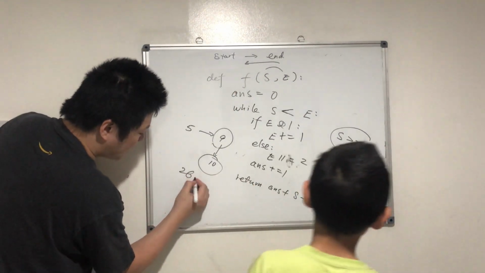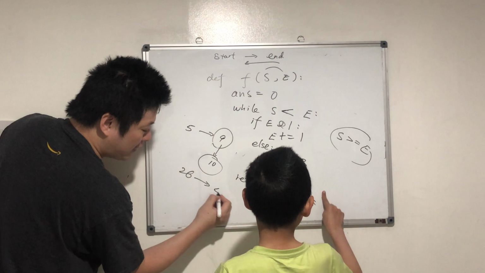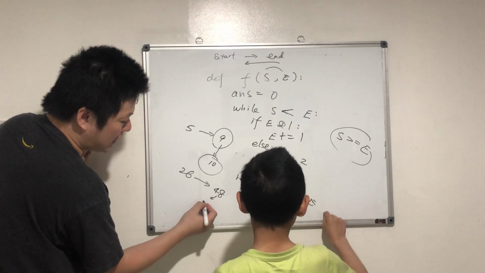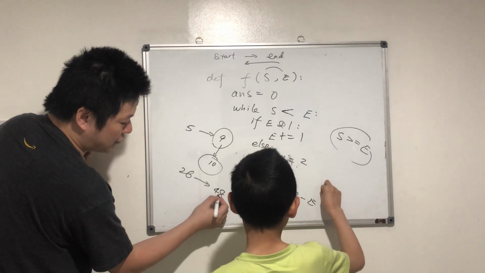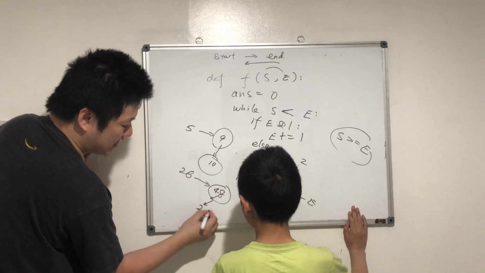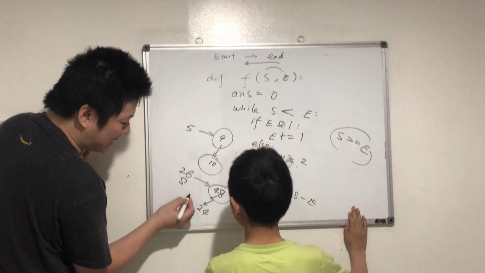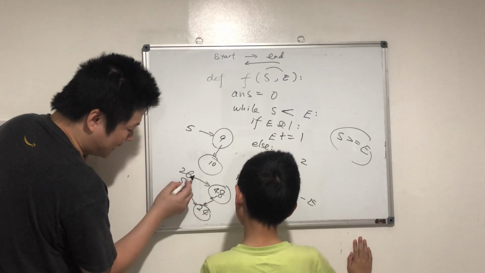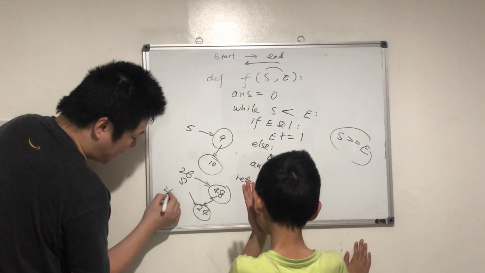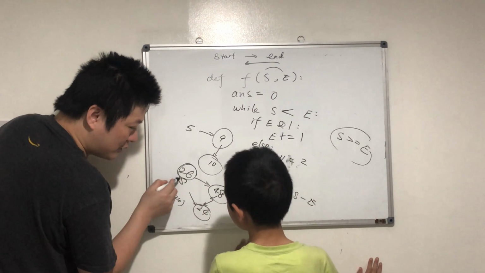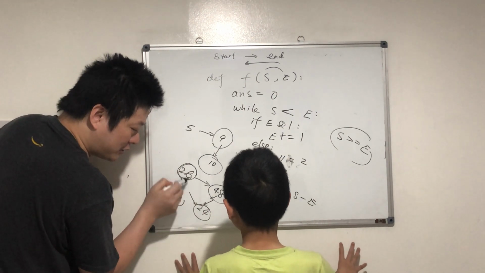Remember 26 to 48, right? When this is 48, first of all you divide it by 2, which is 24. Now S is bigger than N, right? What does it mean? It takes 26 minus 24, 2 operations, to subtract 26 to 24.